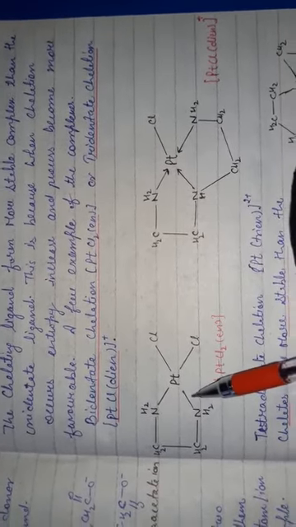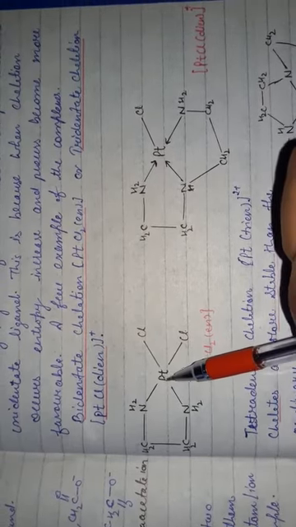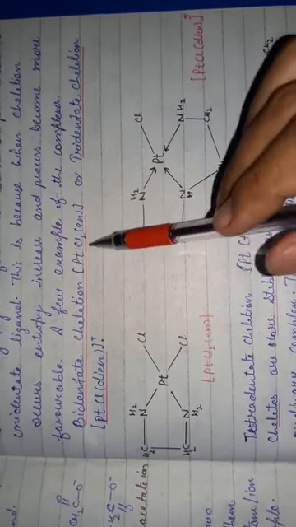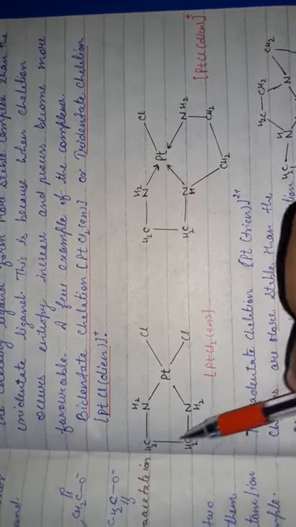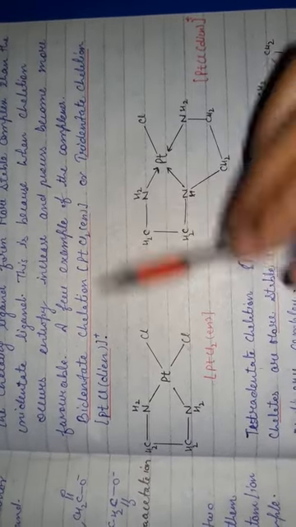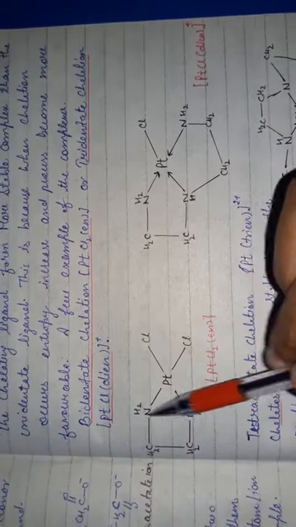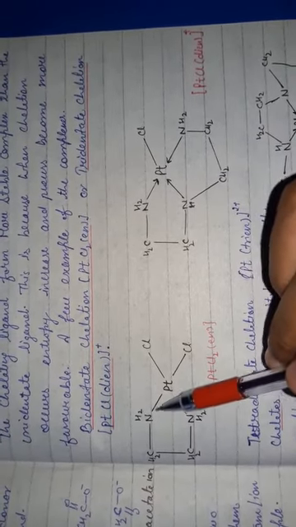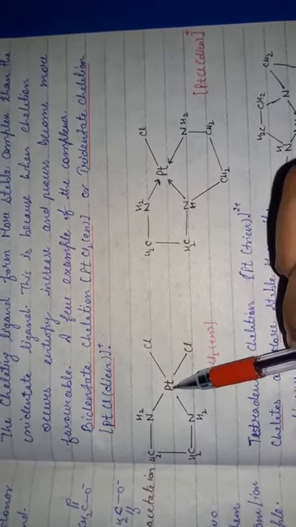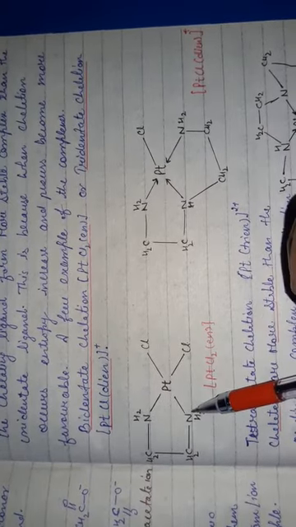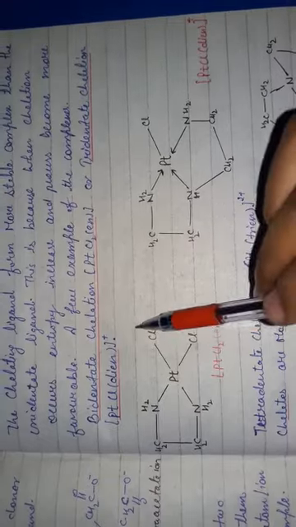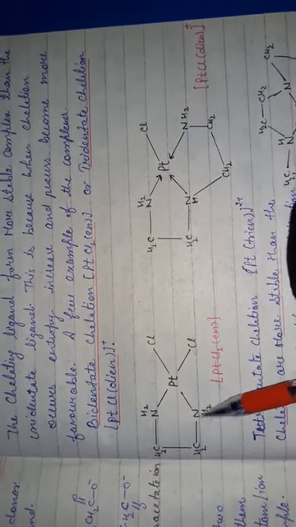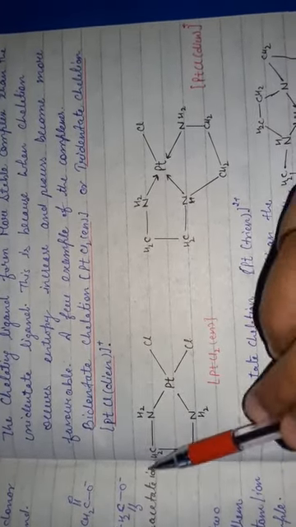You can see an example here: platinum attached with two chlorines and one ethylenediamine. This is a bidentate ligand because its two donor atoms donate electrons to the central metal atom and form a ring-like structure. This is your chelate and chelating ligand.